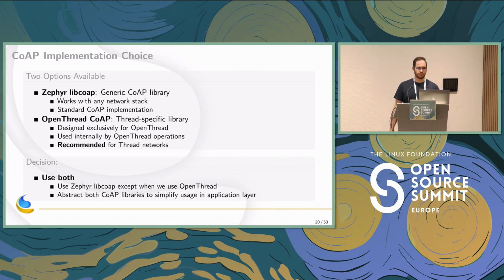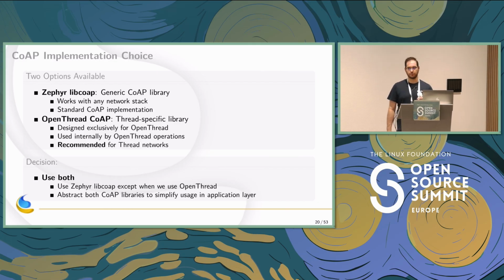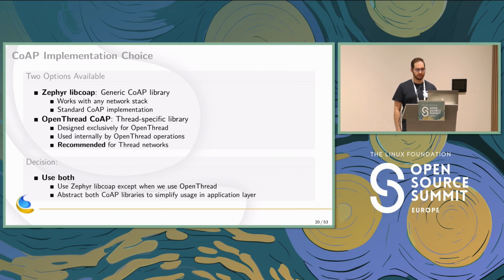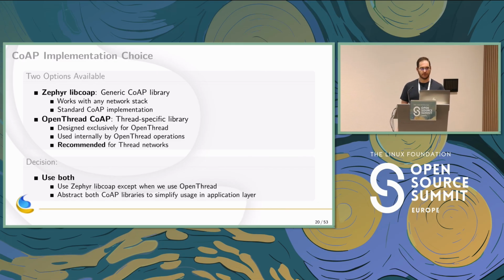My first intent was to use only OpenThread CoAP, but finally I changed my opinion, because I want the firmware to also be able to run using another radio. My primary target is Thread, but I may want to use Wi-Fi or another radio. So finally I will use both. For OpenThread devices, I will use the one provided by OpenThread, and in the other case, I will use libcoap from Zephyr.